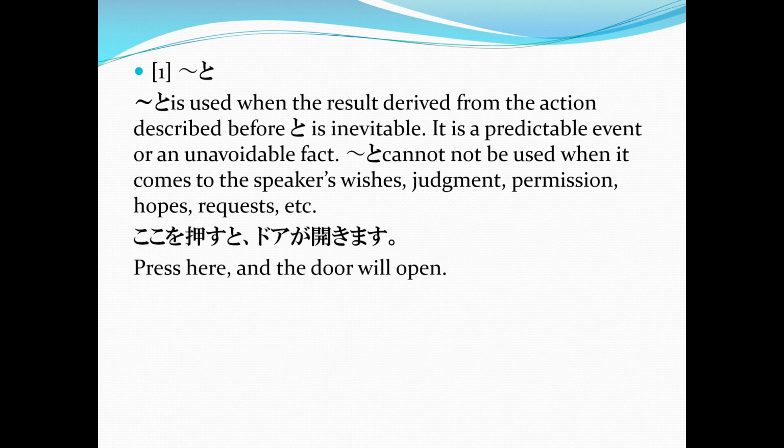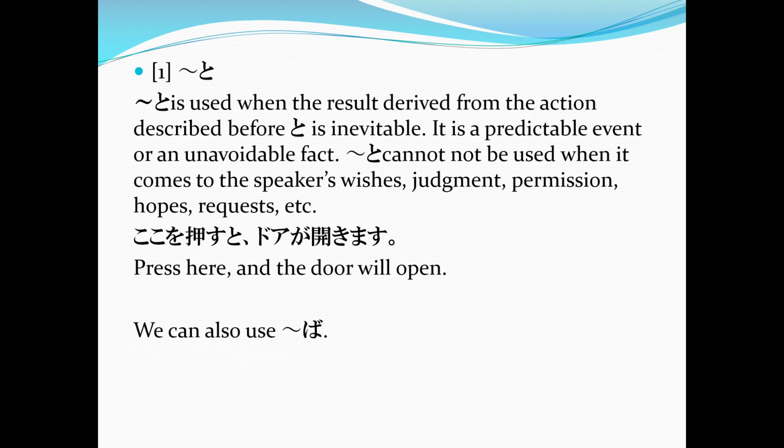Example. ここを押すとドアが開きます。Now in this one, if you can remember, we use to because when you press here, the door will automatically open. It is inevitable that it will open.